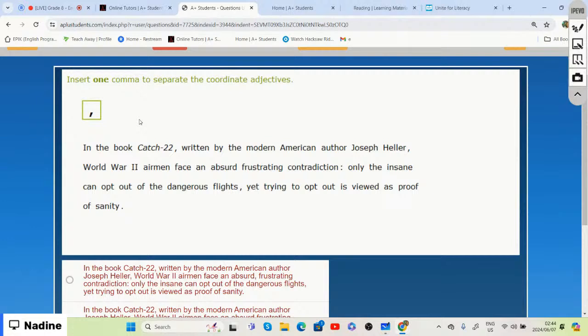To test if it is valid, we can either put a comma between the adjectives or put the word and between them. If the sentence changes completely, then it's not a coordinate adjective. But if the sentence stays the same, even though the comma or and has been put in there, then we call that a coordinate adjective.